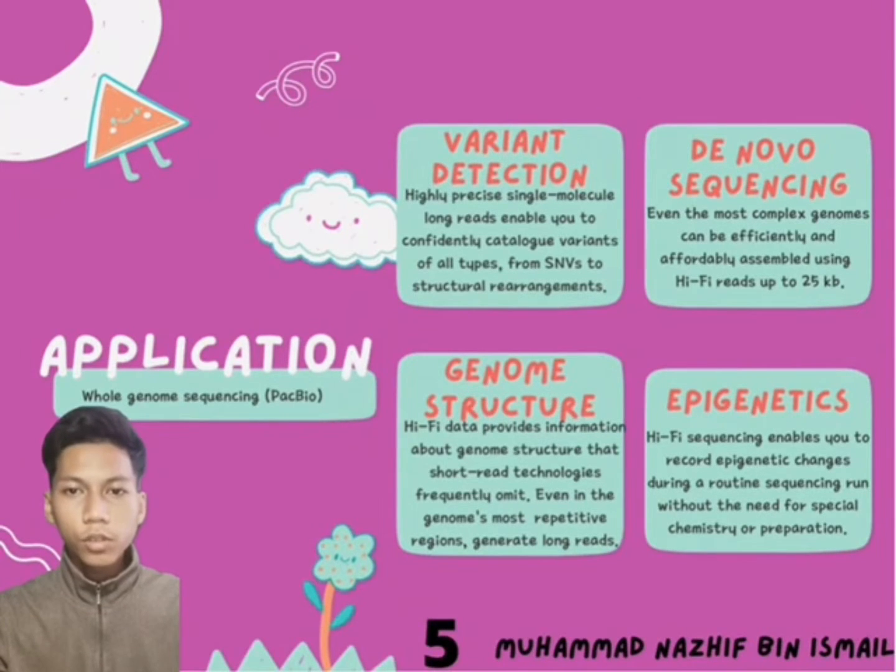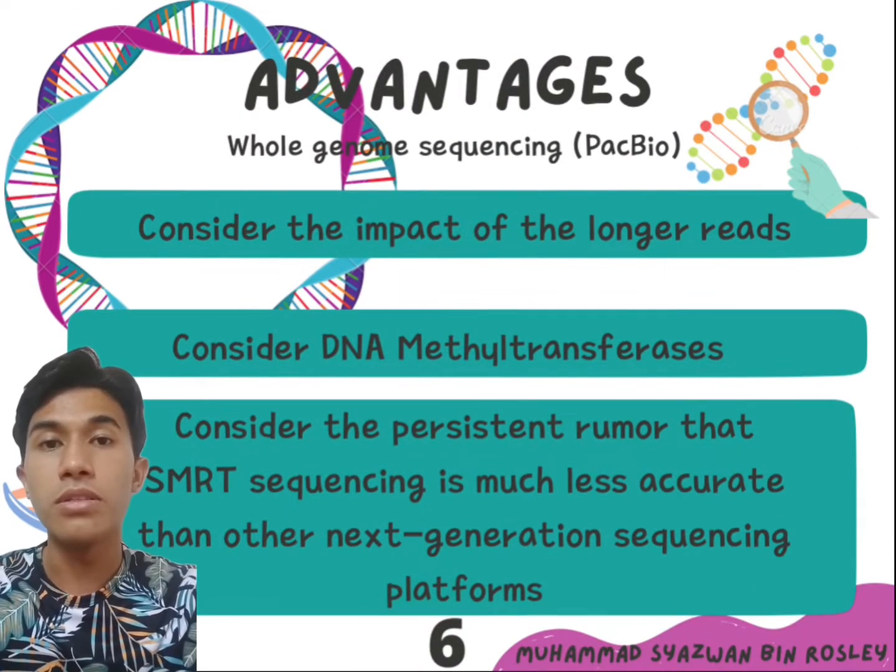Even the genome's most repetitive regions generate long reads. And lastly, we have epigenetics. HiFi sequencing enables you to record epigenetic changes during a routine sequencing run, without the need for special chemistry or preparation.